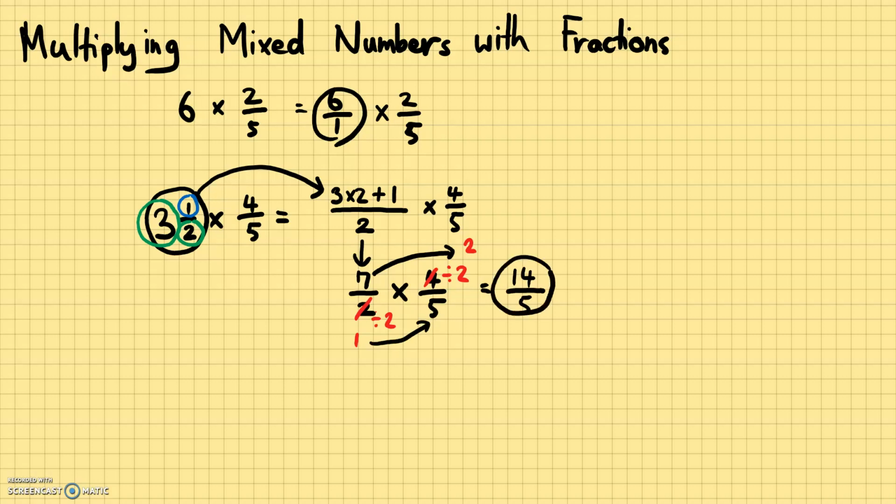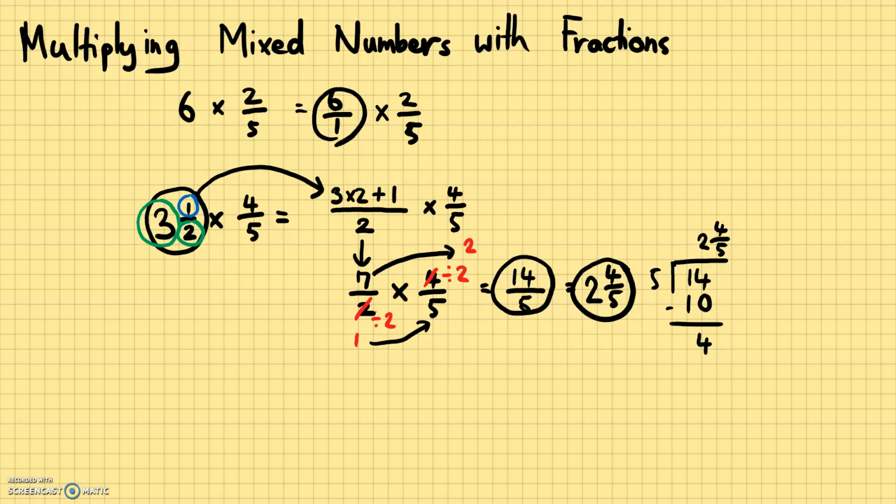So we have an improper fraction as our answer. And of course, we can change this to a mixed number. 5 goes in 14 2 times. Remainder is 4, so the fraction is 4/5. So now that equals 2 and 4/5.